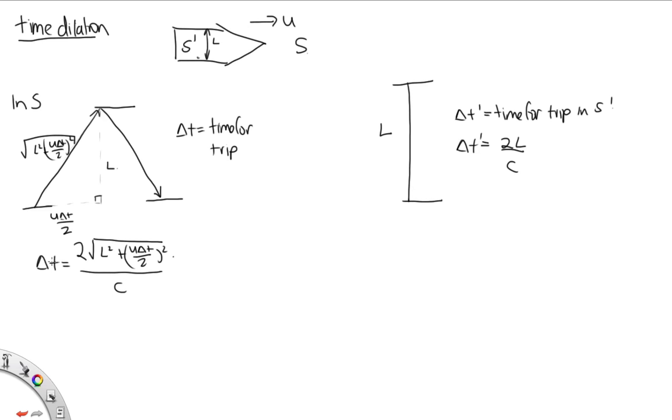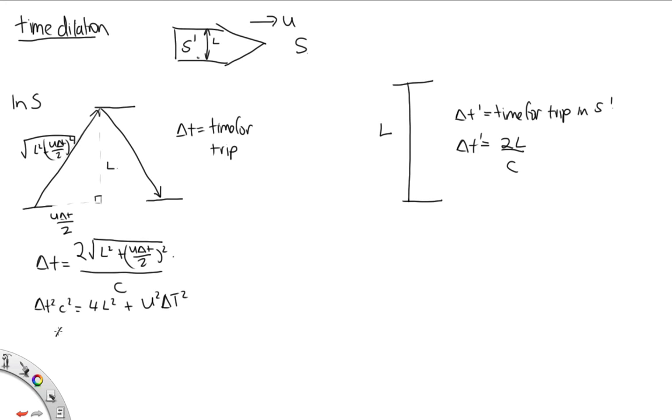Now what we're trying to do is find this delta t. We've got a delta t here and here, so we can rewrite this as delta t squared c squared is equal to 4L squared plus u squared delta t squared.